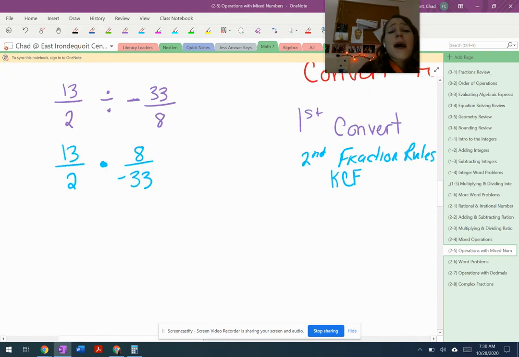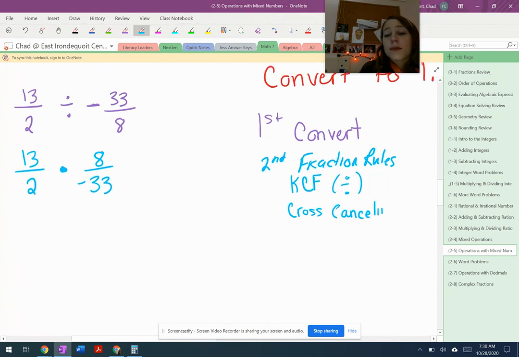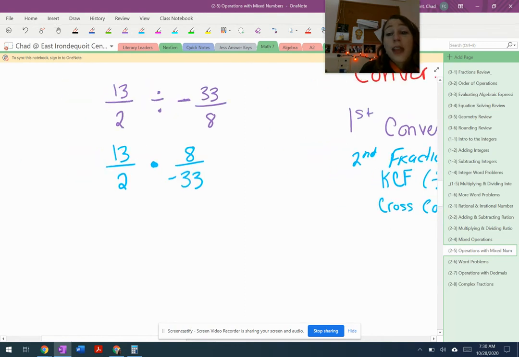So now that we've got multiplication going on between our fractions, we also want to check for cross-canceling to make our lives a little easier. Remember, you can only cross-cancel after you've converted it to that multiplication. You can't cross-cancel while it's technically division.